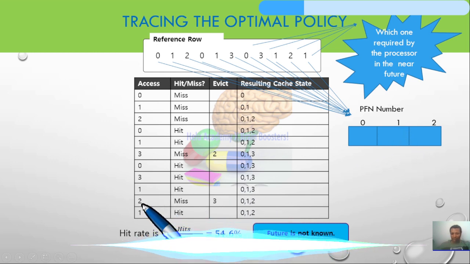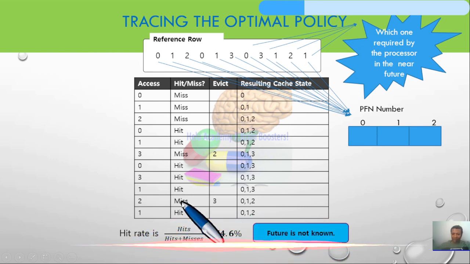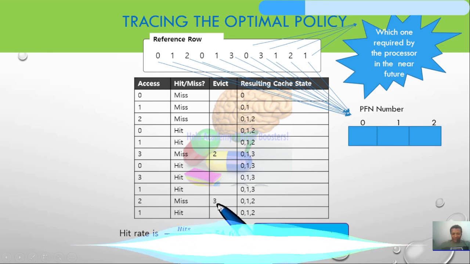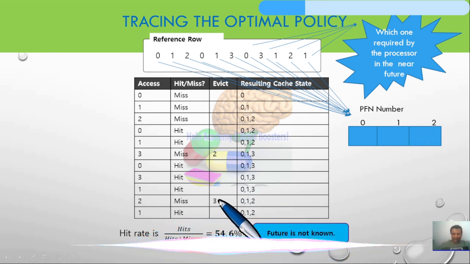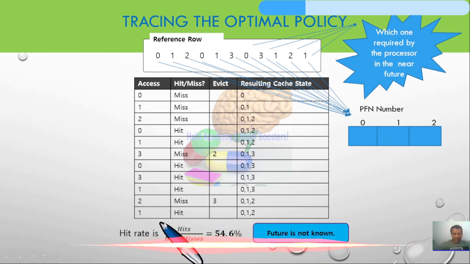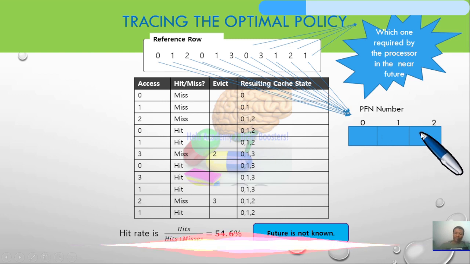Then 2 comes. Again when 2 comes, it is a miss, and it will swap out 3 and put in 2, giving 0, 1, 2. Then 1 is a hit, and 0, 1, 2 will be the state.